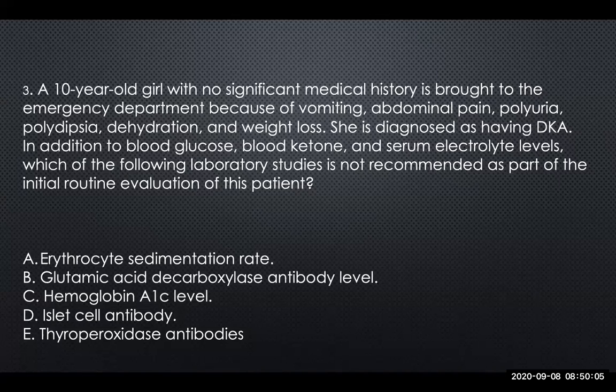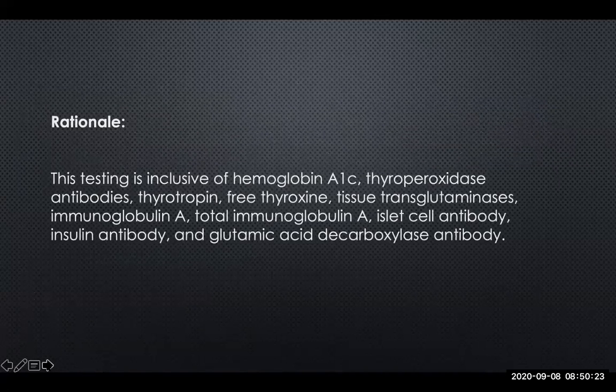Okay, for this emergency situation, I wouldn't do the thyroperoxidase antibodies. So that is the not recommended one. Number E. Yes, ESR. So why do we do it? Okay, rationale.